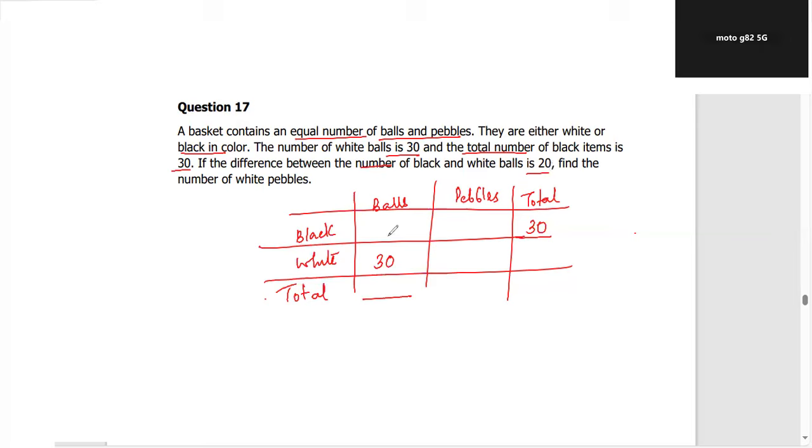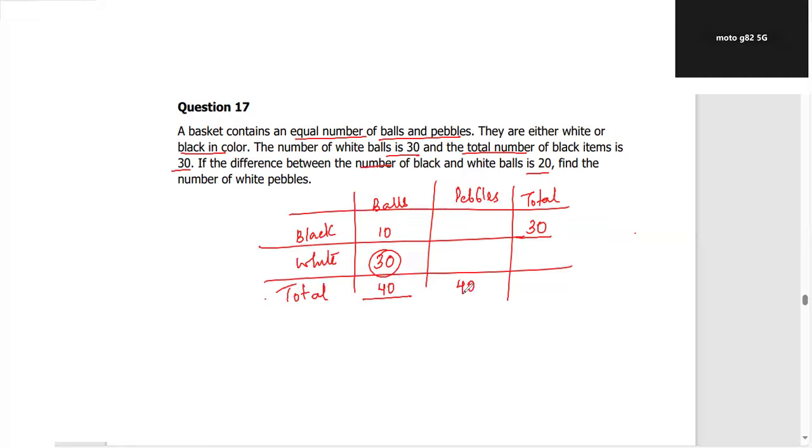Now, the difference between the black and the white balls is 20. So this is 30, so this could be either 10 or 50 for the difference to be 20. Now they are saying that the total number of black items is 30, so this cannot be 50. So the only option I have is 10. So this becomes 10.